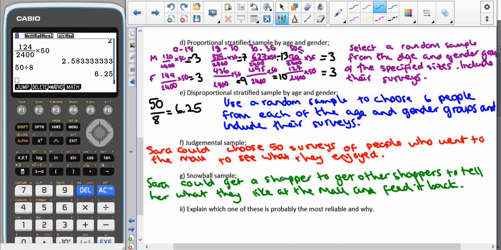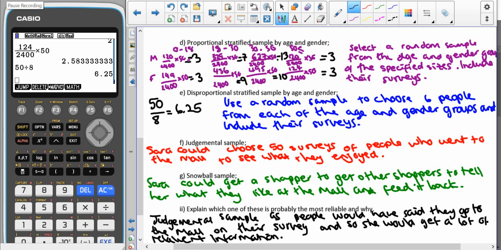Another choice here would be to create something like a questionnaire from Facebook, and get them to post it on their wall, and then just as a lot of Facebook questionnaires do, once their friends answer the survey, then it can go out to their friends on their wall, and then they can do it, and she can get all the data fed back to her. So that is a good way that she could get a snowball sample about what a lot of people like at the mall, but it's not going to have any geographical restrictions on it that way.